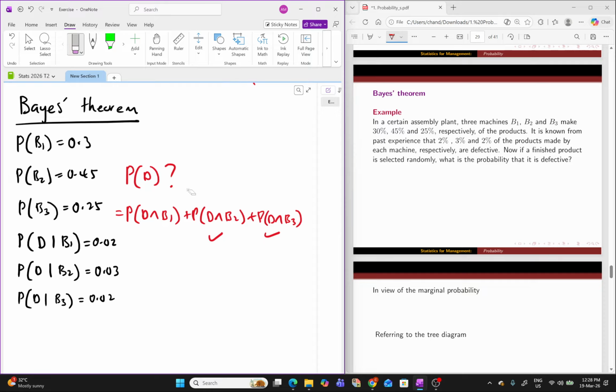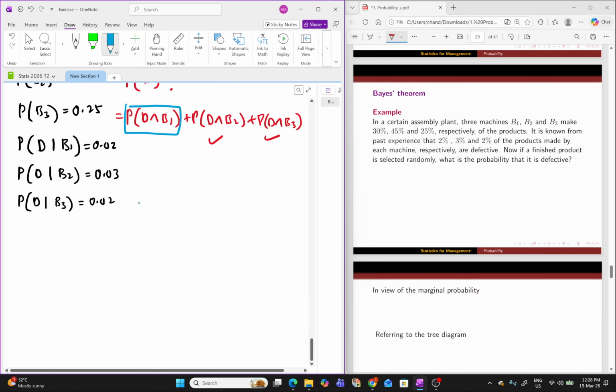How to find this one? It comes from the conditional information of D given B1.